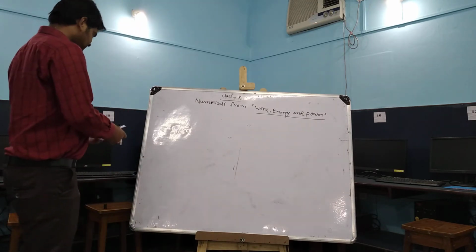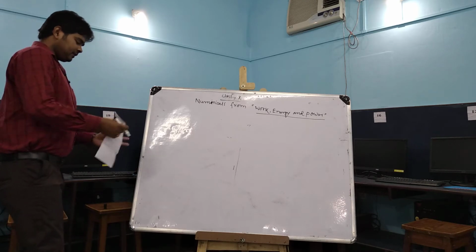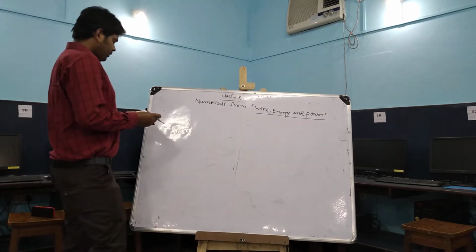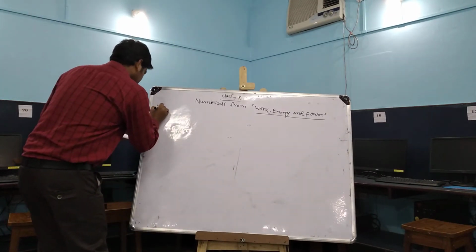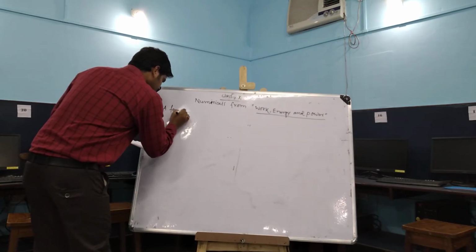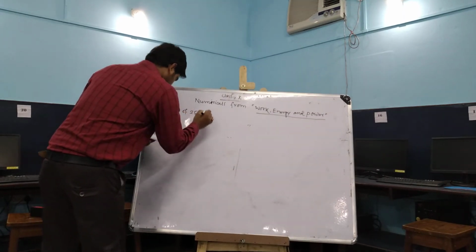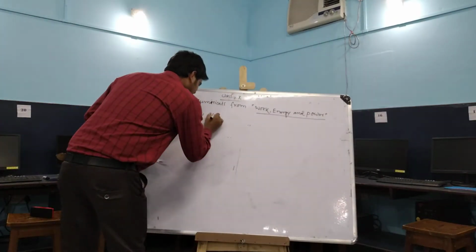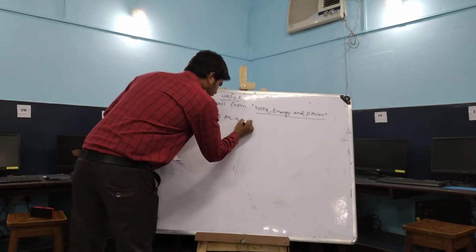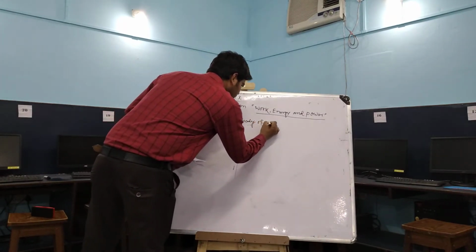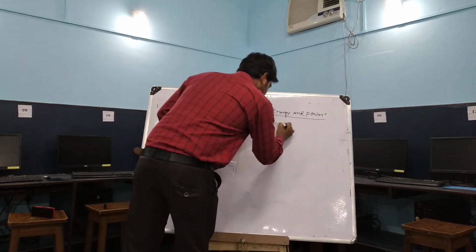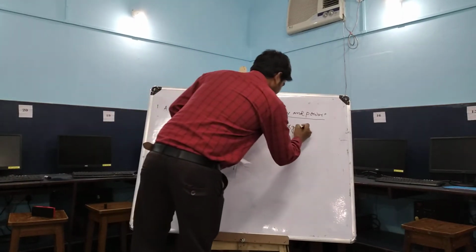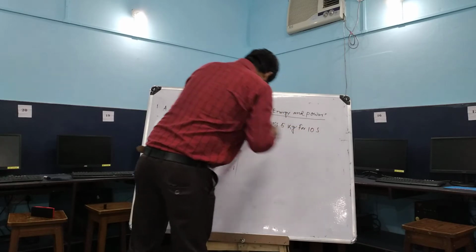The first numerical is: a force of 25 Newton acts on a body of mass 5 kg for 10 seconds.